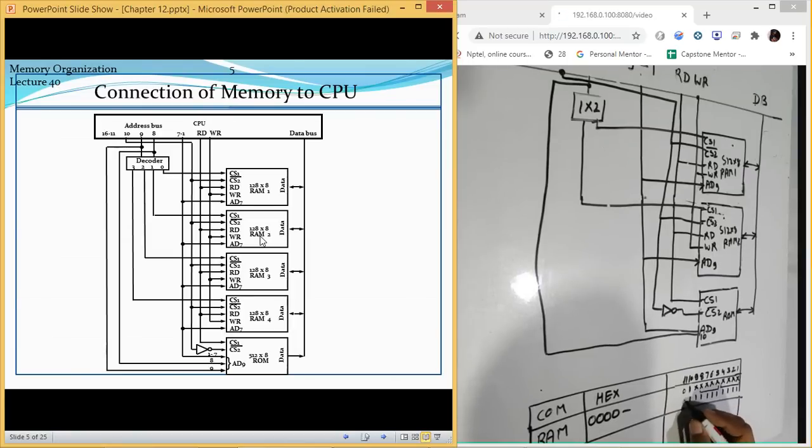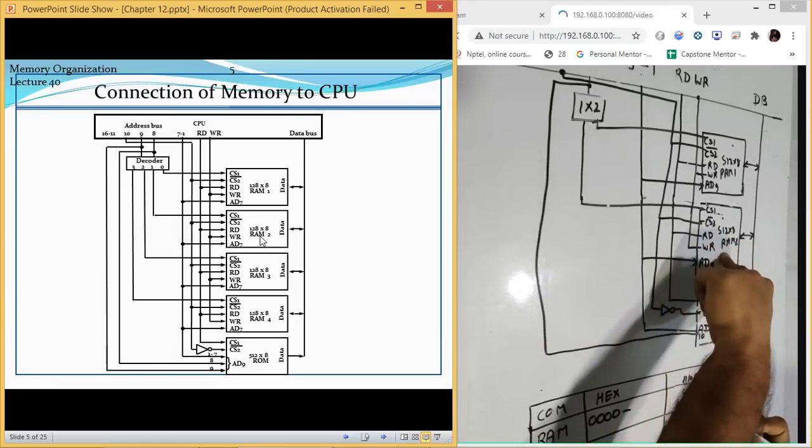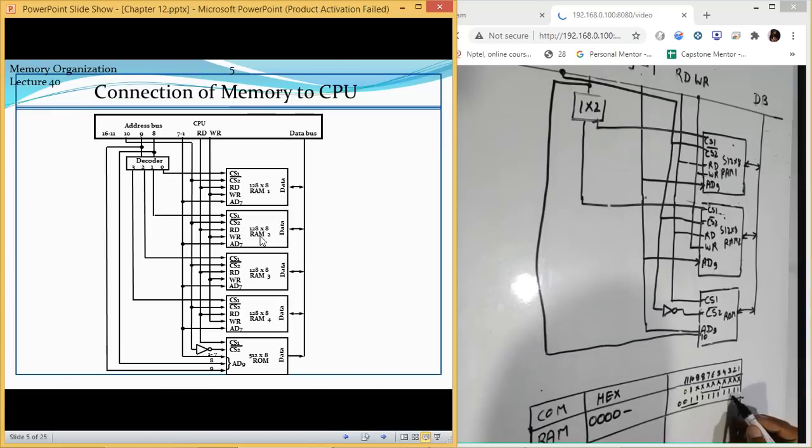This is 1, 1, 0, 0, because these are 3 bits. This value is 1 because we are making this RAM chip work. So now this will be F, the second value. These are all ones, so that is also equal to F.